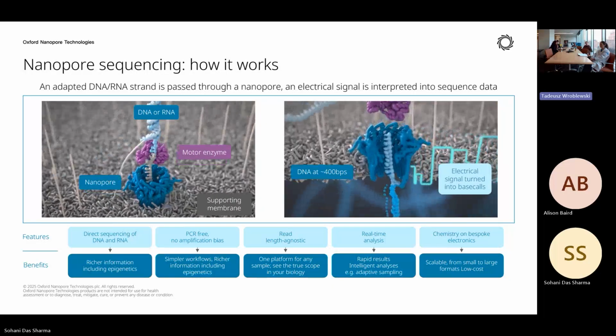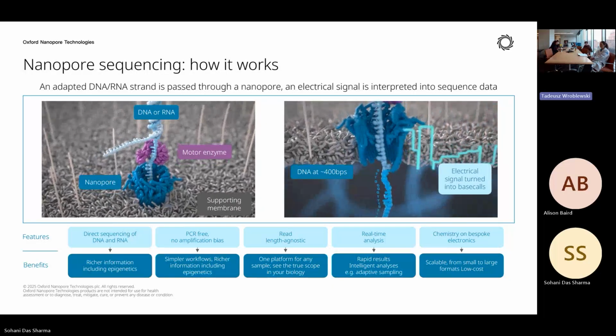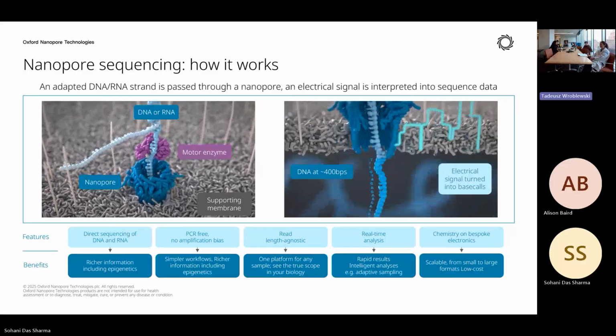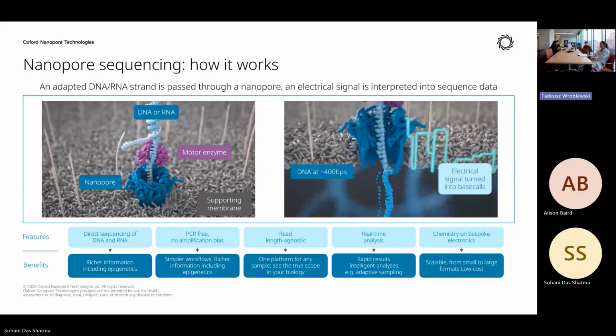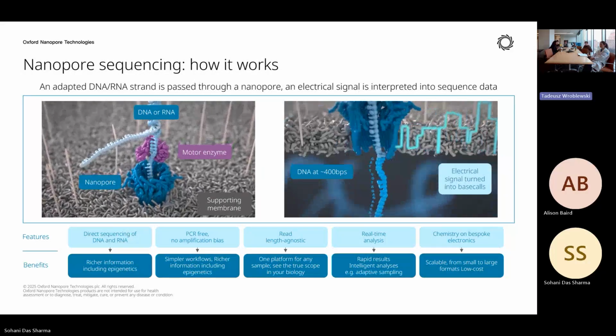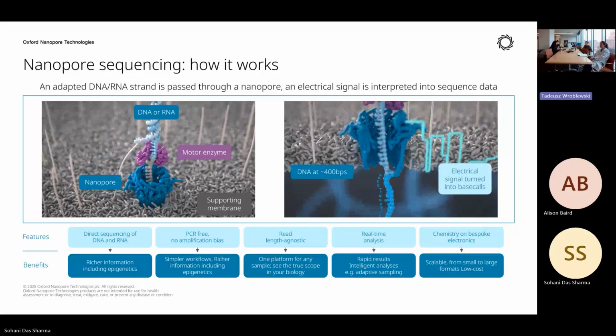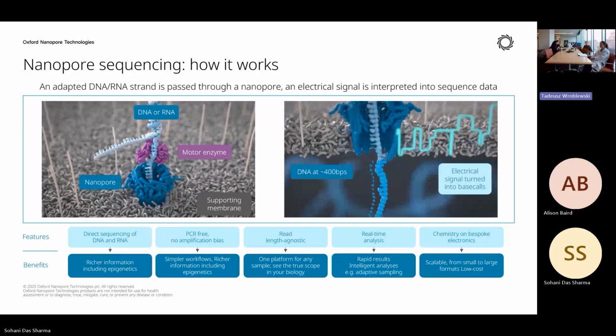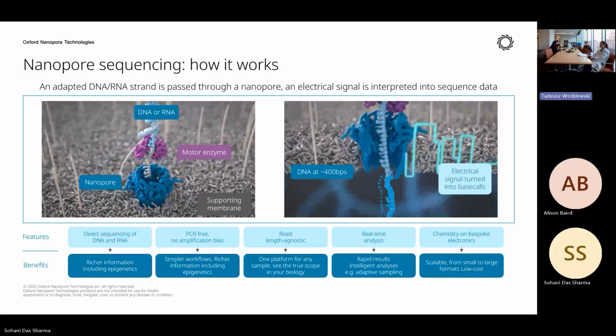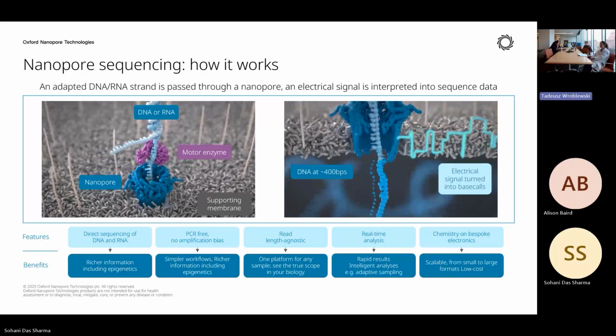Then we'll talk about base calling model accuracy. And finally, I think that part I'm going to do after we review yesterday's run and discuss the run reports.